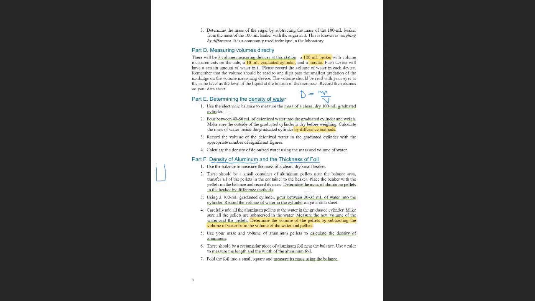So we have a graduated cylinder with water, and we add the solid, and the volume of the solid is going to be the final volume minus the initial volume.